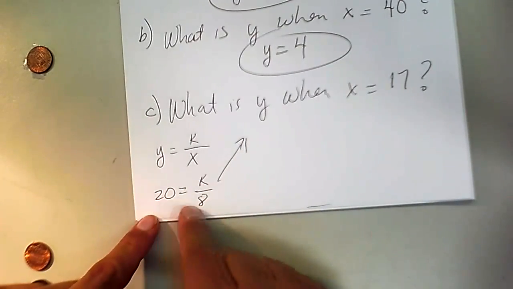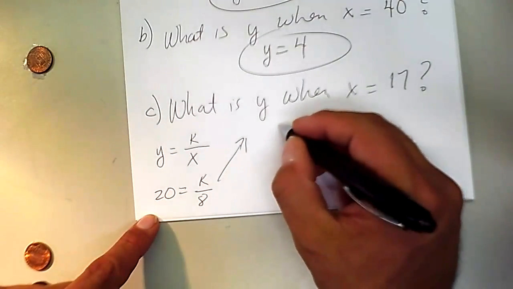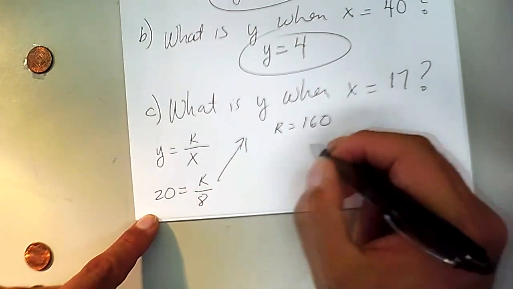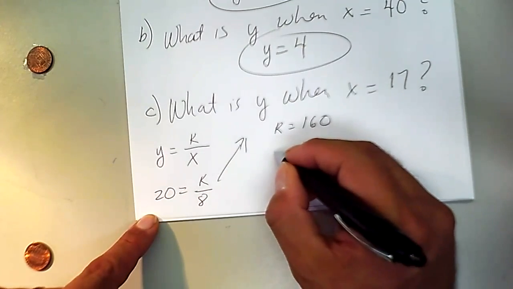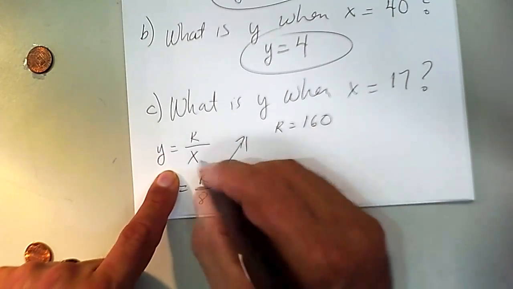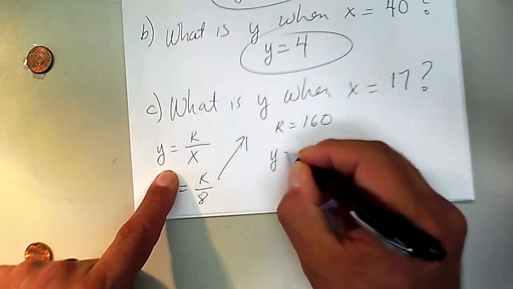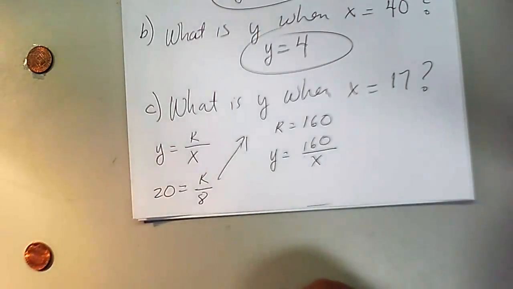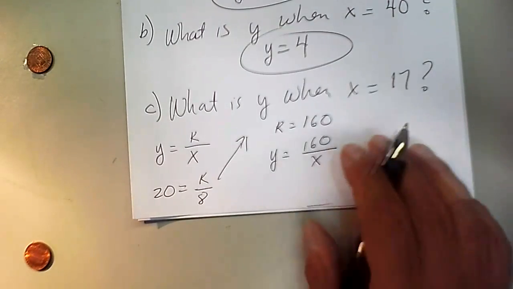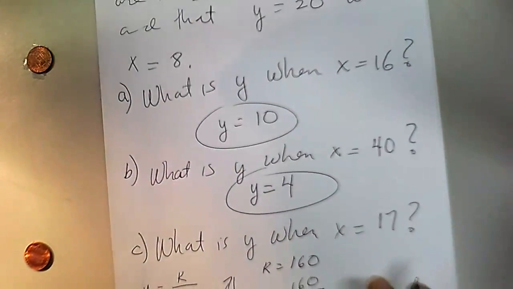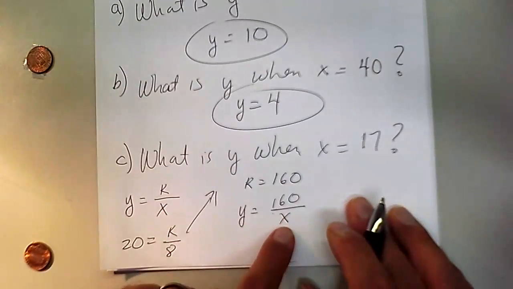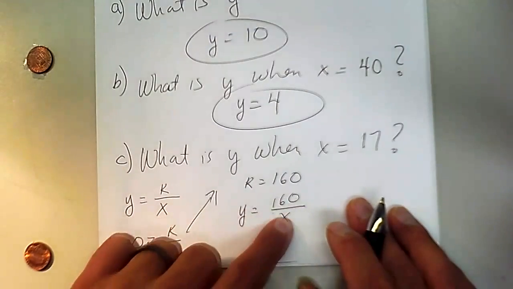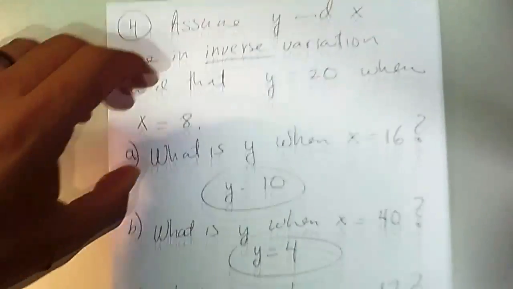So we multiply by 8 on both sides of the equation. So the constant is equal to 160. So that means that this equation that relates x and y is really y equals 160 over x. And we can double check. When x is 8, 160 divided by 8 is indeed 20. So we're good. This equation corresponds to this problem.